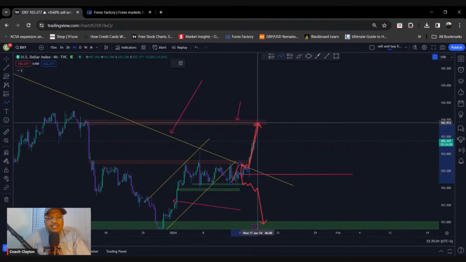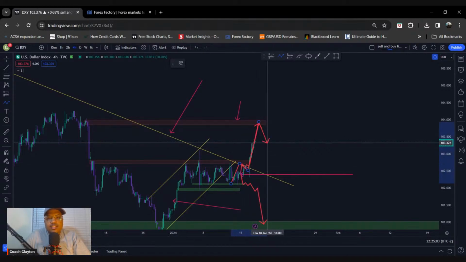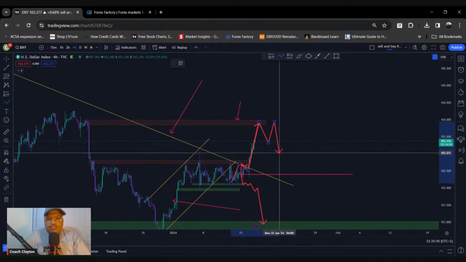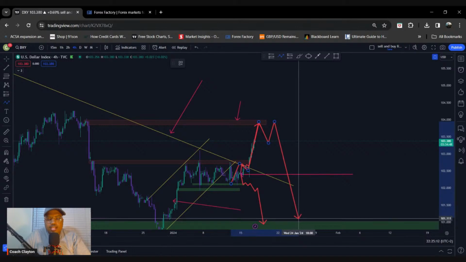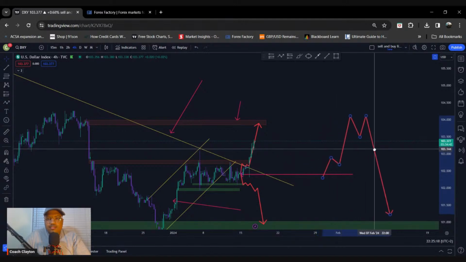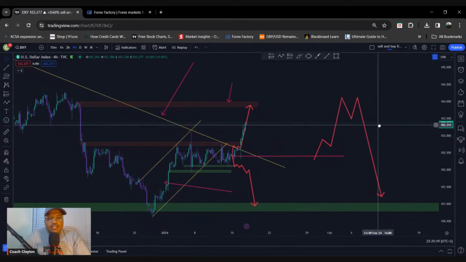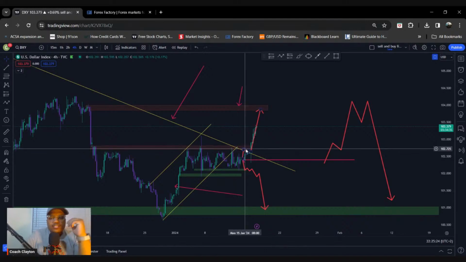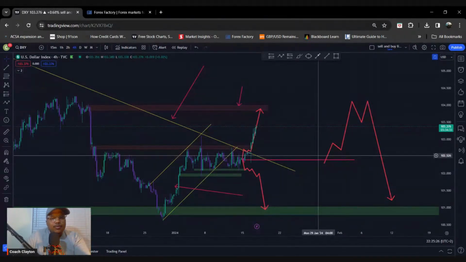Reached a supply zone, and you know, double topped on that as well, but then it fell back to a strong demand zone as well, right? So if you look at how structure and market structure are forming, they can paint the picture. So just bear that in mind.